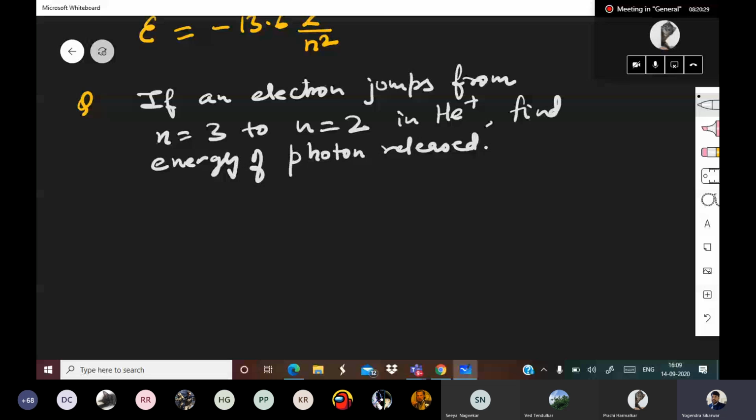Done, everyone? Now pay attention and think logically. When an electron jumps from a higher energy level to a lower energy level, it releases energy in terms of a photon. Note that statement.